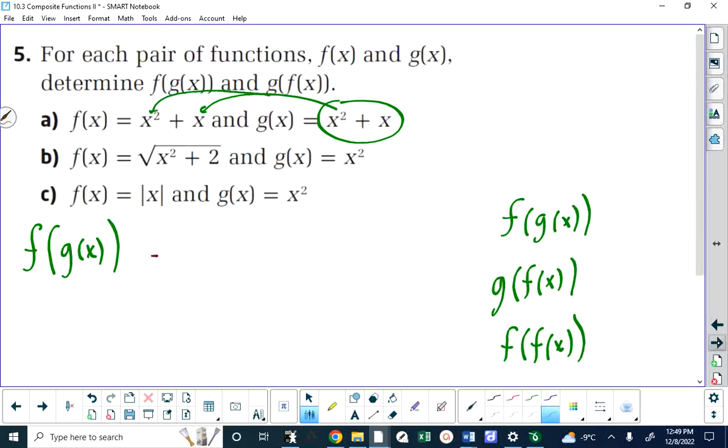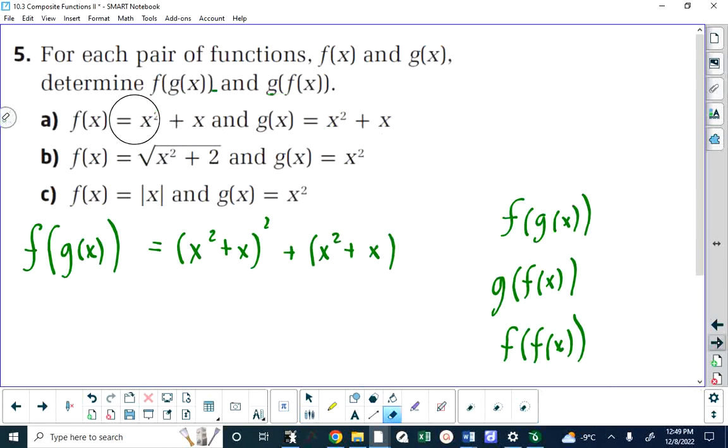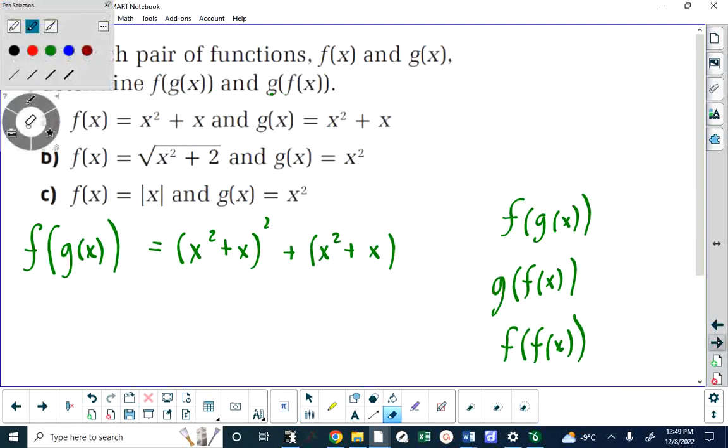So this will be equal to x squared plus x squared plus x squared plus x. To maybe make this a little more visual, what f of g of x means is that this whole thing, which is g of x, goes here and here.